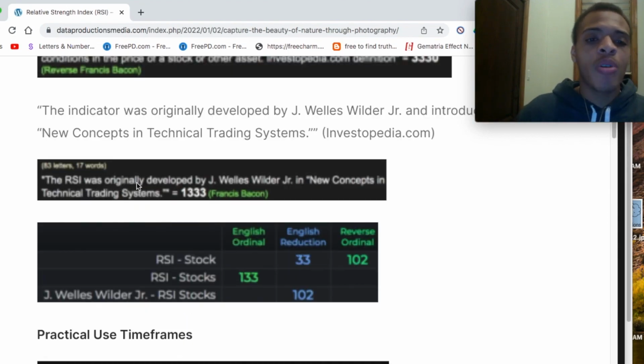The RSI was originally developed by J. Wells Wilder Jr. in New Concepts in Technical Trading Systems. 1,333 in Francis Bacon. That's amazing. We love seeing that. We know there's significance behind this man inventing one of the most popular indicators in the world. So that's why you see these decodes.